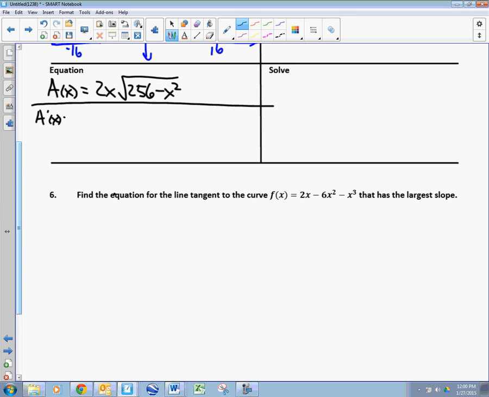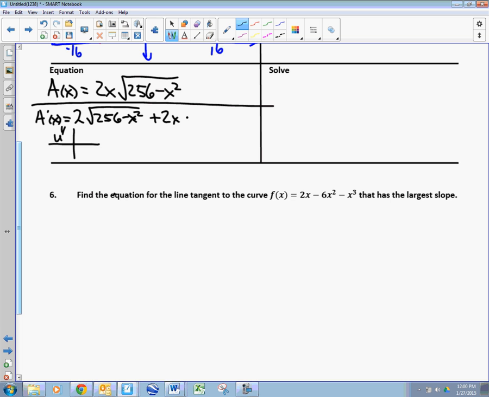A prime of x is equal to, what is the derivative of 2x? 2 times the square root of 256 minus x squared, plus 2x times, now I need the derivative of the square root of 256 minus x squared.